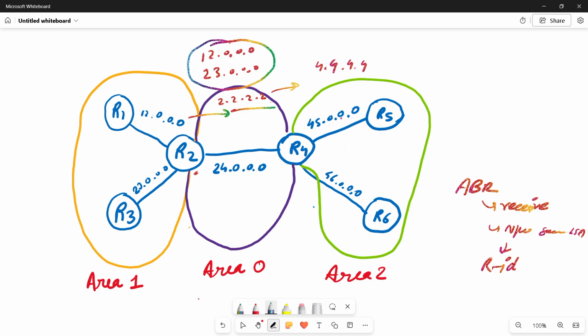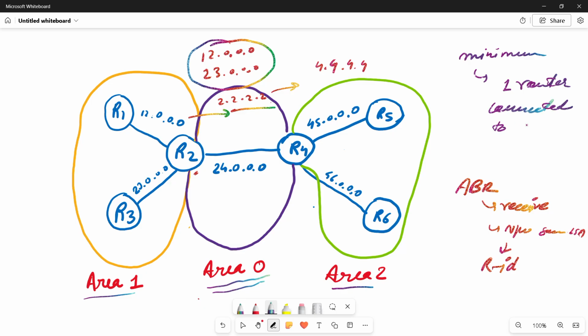As you can see, we have one backbone area and two non-backbone areas, right? For a non-backbone area to exist in a topology in a perfect condition, the strict requirement is that there has to be a minimum of one router connected to the backbone area.